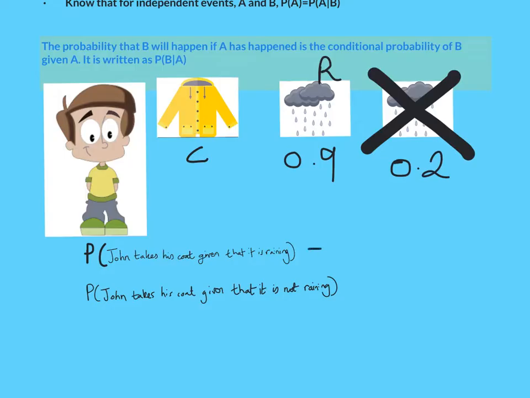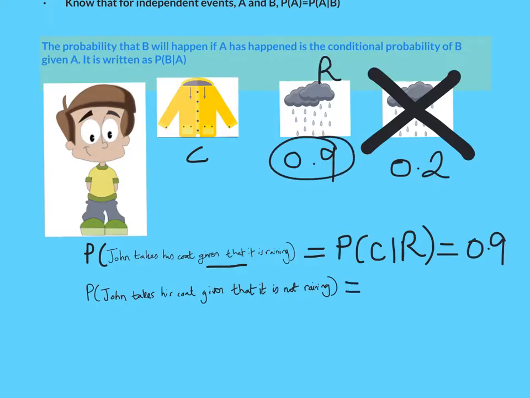So this we could easily write as the probability that he takes his coat, and given that we write like this, it's raining, and that probability is 0.9. And likewise, probability that he takes his coat, given that it's not raining, is 0.2. And that's just what that definition is, what that notation is, and how we write it out.